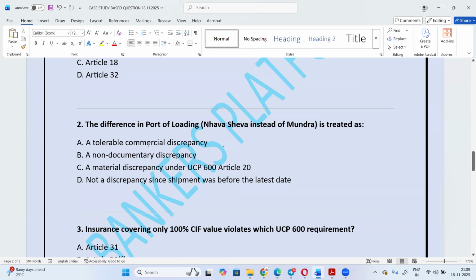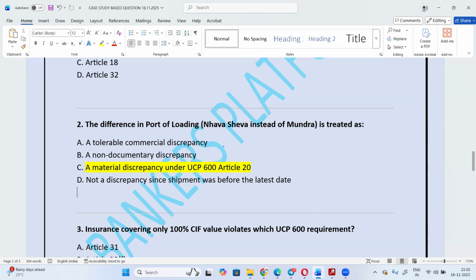So you can see the options are very similar to each other. Here we'll see what the correct answer is. The right answer is C, a material discrepancy under UCP 600 Article 20. So it is a material discrepancy.